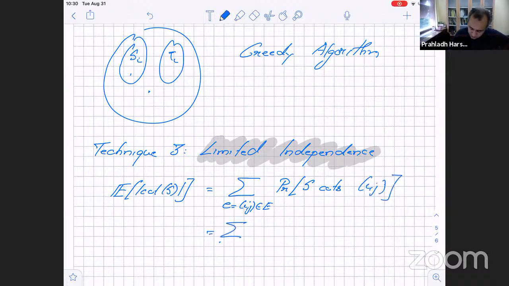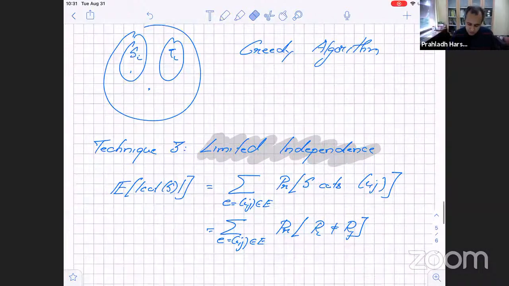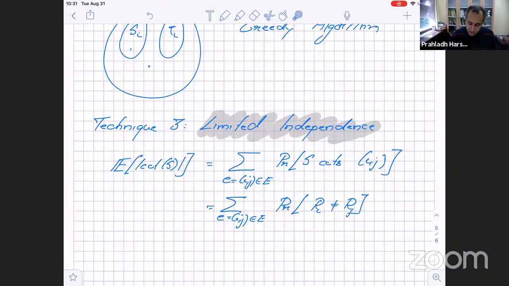Equivalently, in the language of random points, this is just the probability that Ri is not equal to Rj. To get half the number of edges, all that we wanted is for every pair i and j, this probability was half.